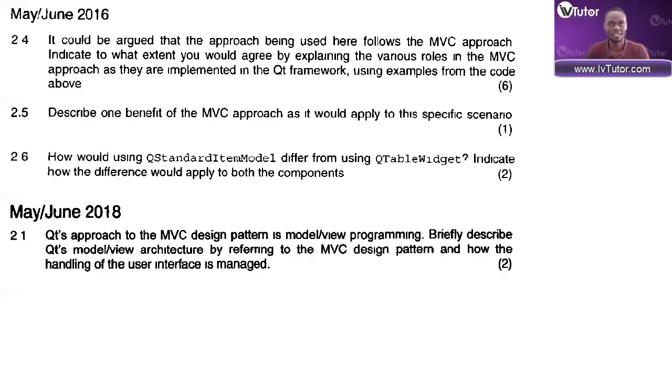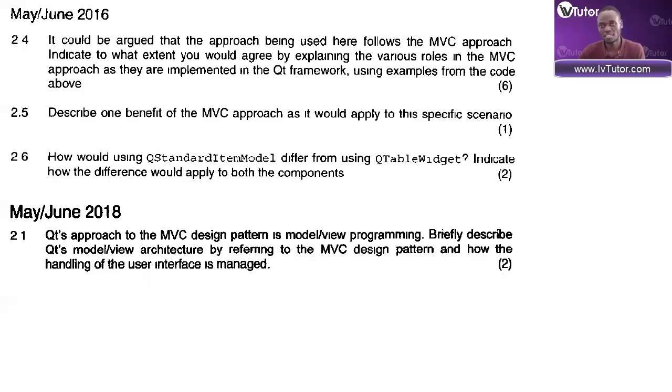So when they say it can be argued that the approach being used here, they are referring to the Q standard item model questions prior to 2.4, right? So in other words, they're referring to the MV framework approach in Qt. So here they are saying it can be argued that this approach follows the MVC approach, indicate to what extent you would agree by explaining the various roles in the MVC.